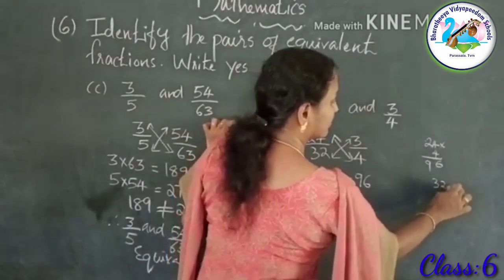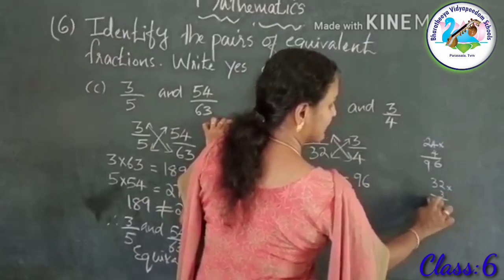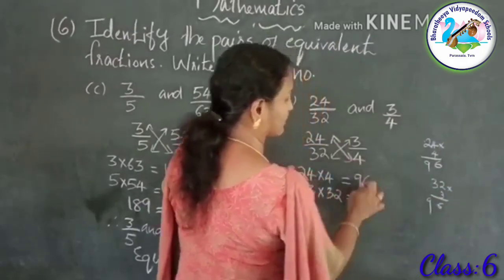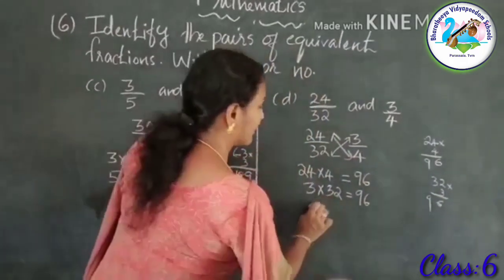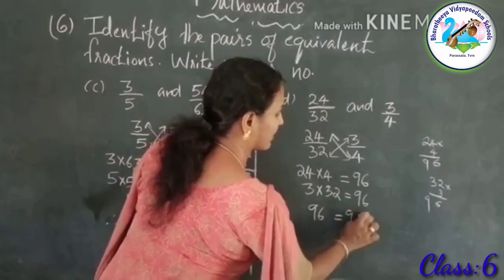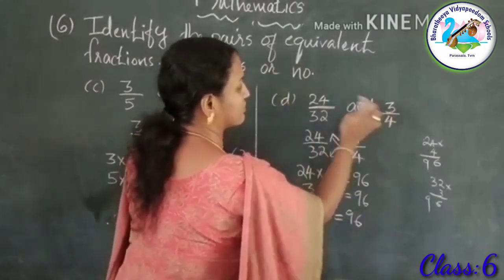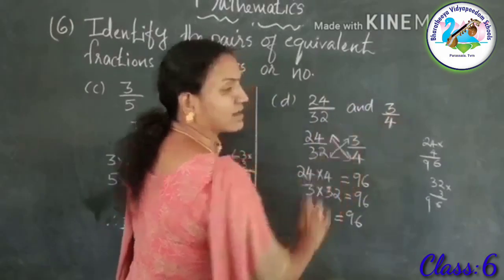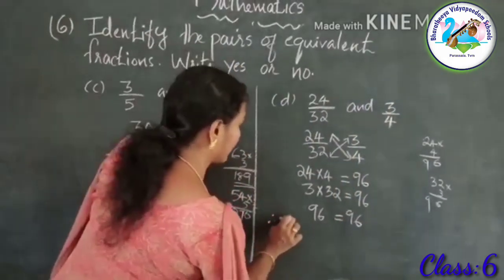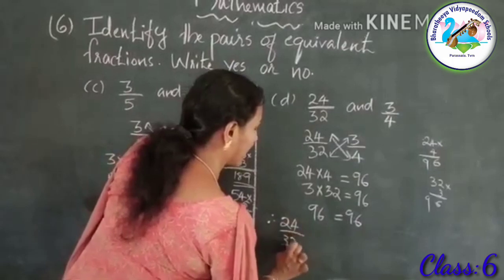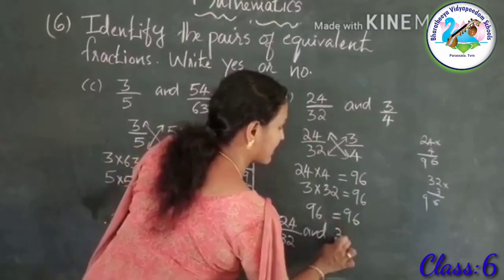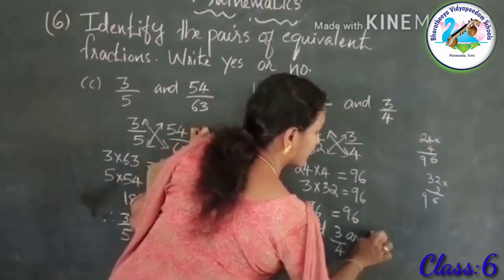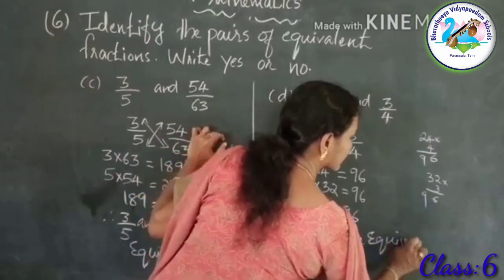Then 3 into 32, 6, 9, 96. So the cross products are equal. 96 and 96 are equal. Therefore, the given fractions 24 by 32 and 3 by 4 are equivalent fractions.